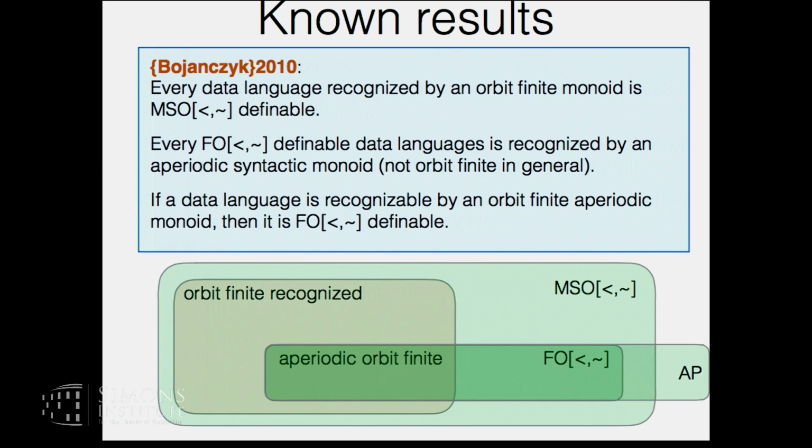So that looks like that. You have things that are orbit finite monoids, and you can intersect them with aperiodicity. And what you know here is that this part is exactly the one that is first order definable into this part. It's a bit weird. Well, it's a very interesting result, but it sounds like it's not finished yet.